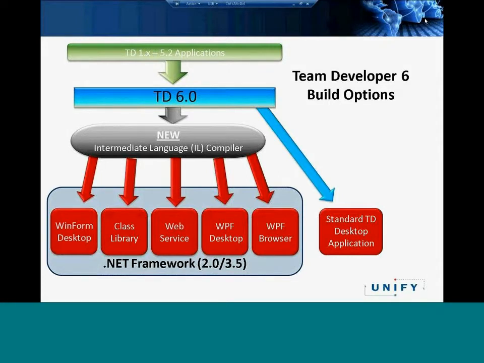For WPF desktop and browser, we require .NET Framework 3.5. For all the others, you can use .NET Framework 2.0. So again, with TD 6.0, 6 different methods of deploying your application. 1, Win32 standard desktop, and 5 new methods for the .NET world.